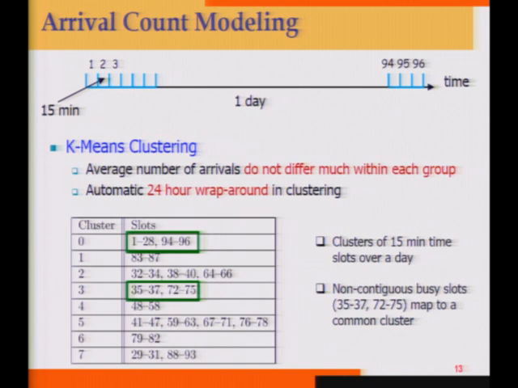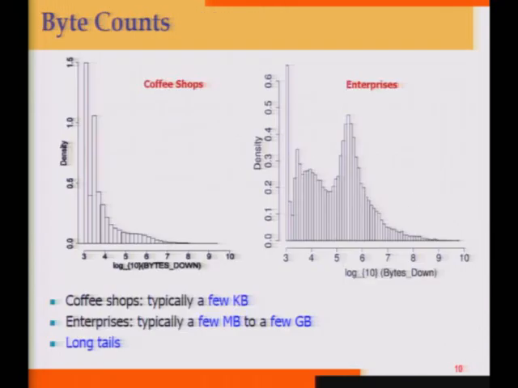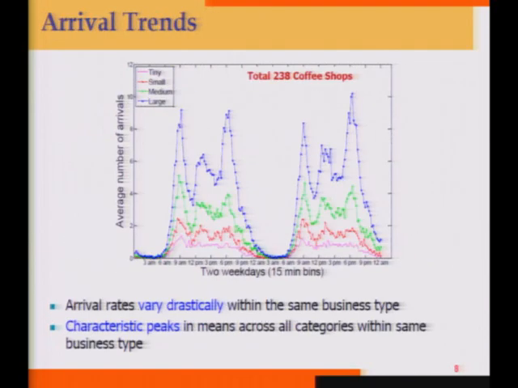Now, if we look at the plots that I showed you for arrival counts, this is starting from 12 a.m. midnight to around 6 a.m., the first 6-7 hours. So if you cluster it, you want these to be clustered with these. And that's what is shown in the cluster, that 1 to 28 is clustered with 94, 95, 96.